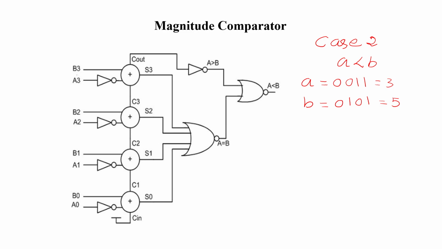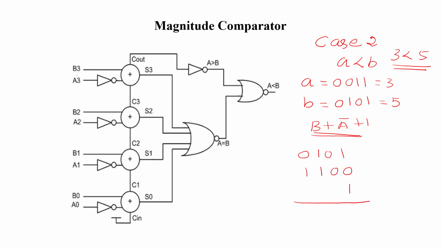The manual calculation: 3 is less than 5. So A is less than B. The expression is B plus A bar plus 1. This expression is what the circuit follows. So B value is 5, that is 0, 1, 0, 1. A bar value, after taking 1's complement, you will get 1, 1, 0, 0.